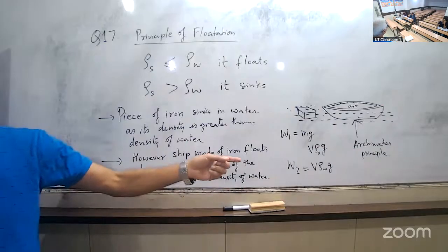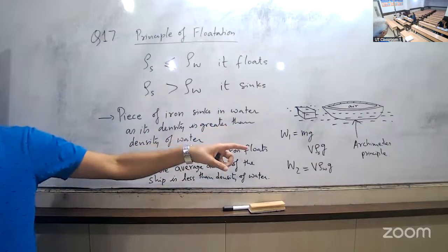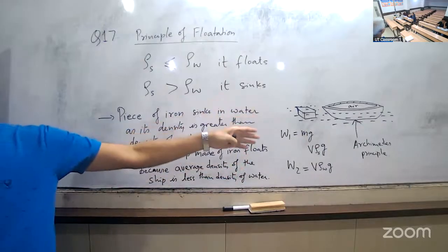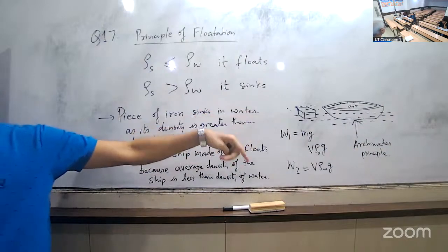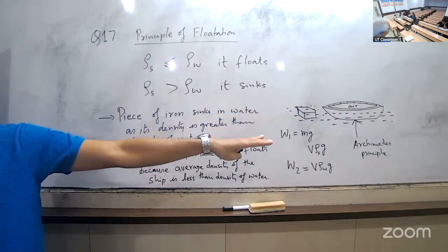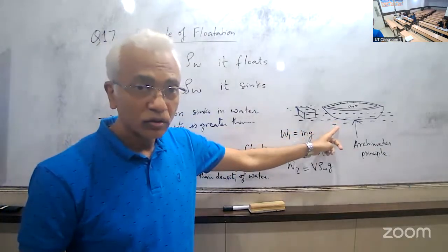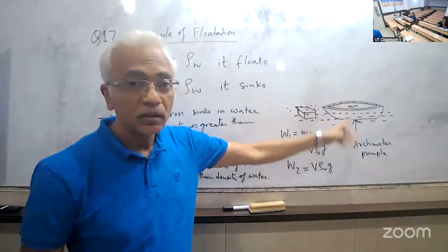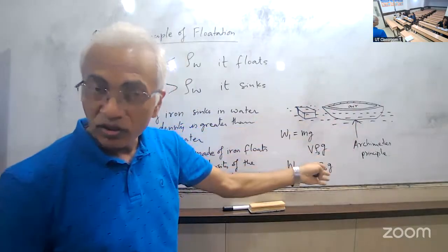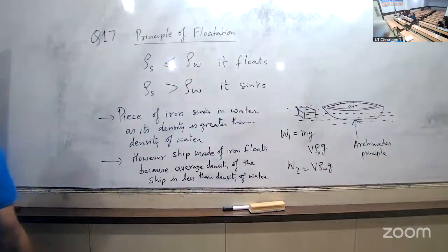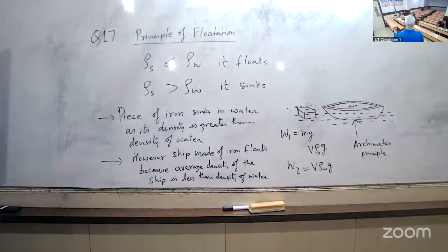So the upthrust acting on the object is equal to the weight of the water displaced by the submerged portion of the object. So in this case, the weight of the water is more than the weight of the ship. That's why the ship is floating. Is it clear? So the explanation you'll have to read and understand, Archimedes principle. Come back, ask questions if you don't understand. So reason it a little bit.